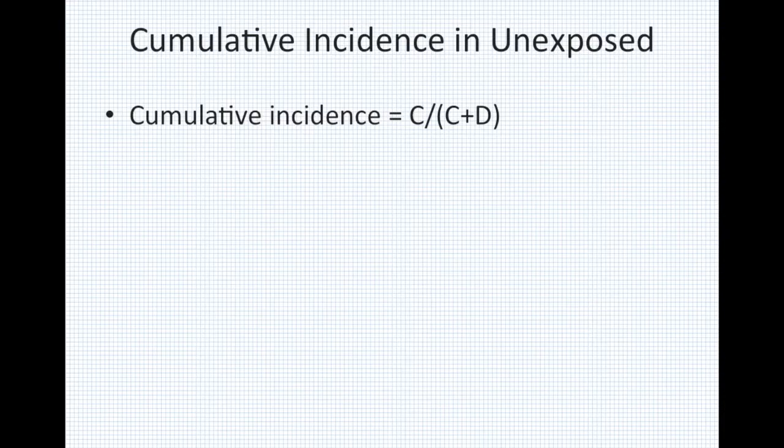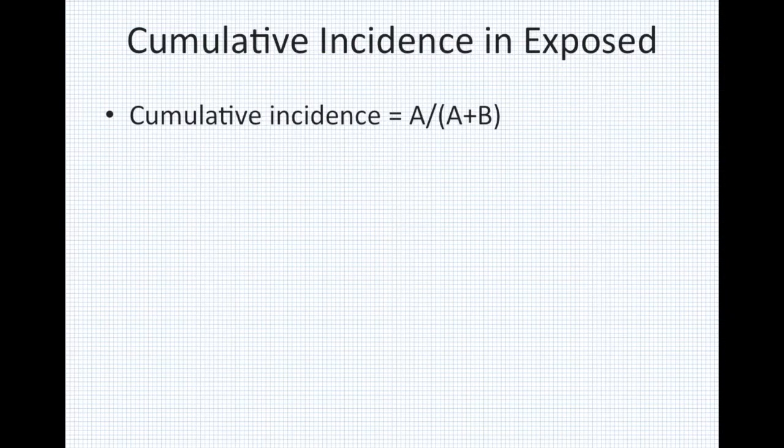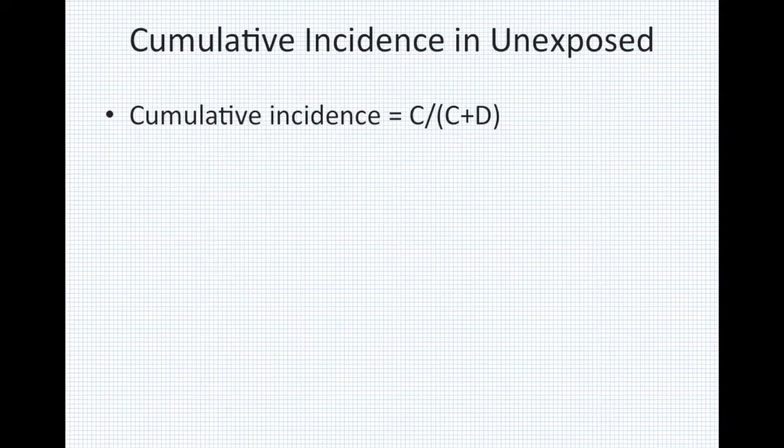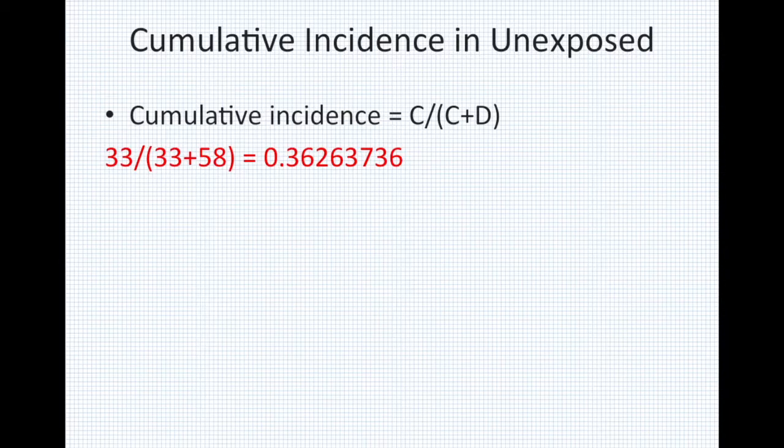So that would be C over C plus D, or those who are not exposed and who develop the outcome. So we'll call them the unexposed cases divided by the entire unexposed population. Let's go back to look at those numbers one more time. So here we would have 33 over 33 plus 58.